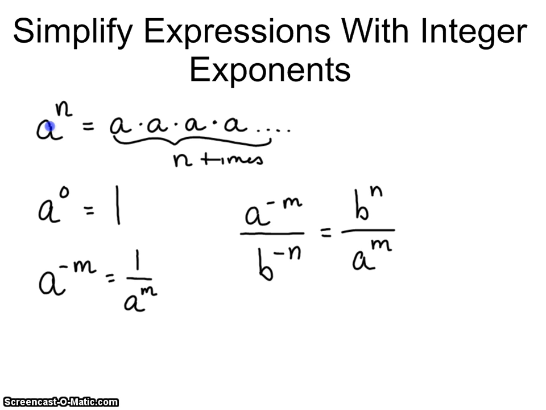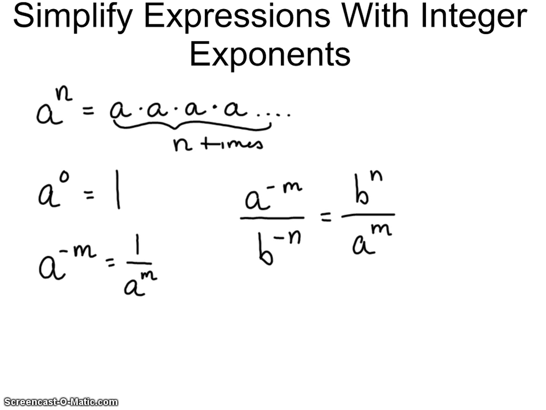So one easy way to think about this is if you have negative exponents, all you have to do is move from the numerator to denominator and change the exponent positive. Or if you have a negative exponent in the denominator, that power moves to the numerator and it becomes a positive exponent.